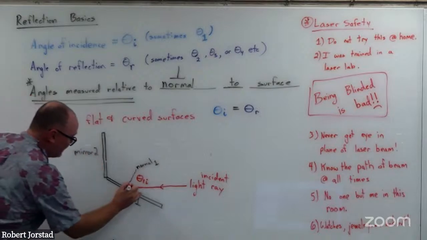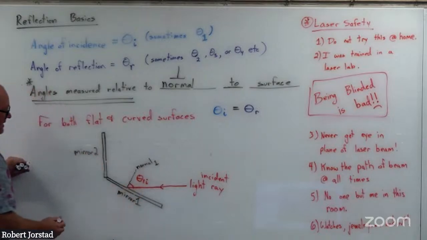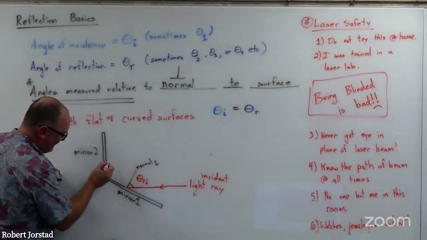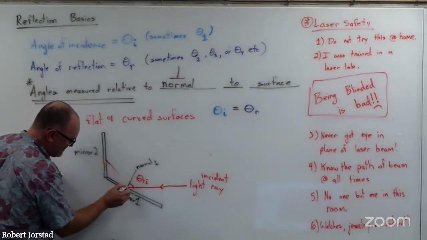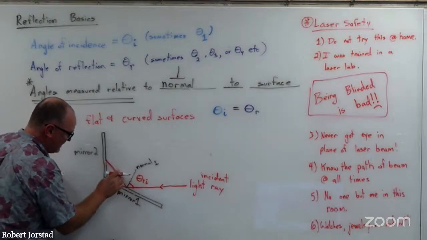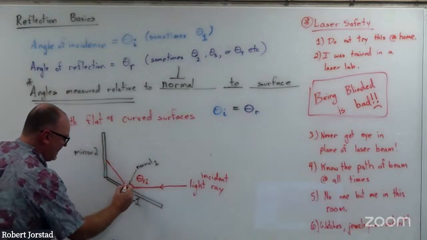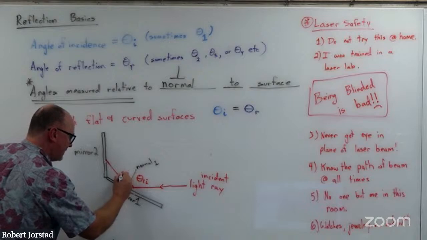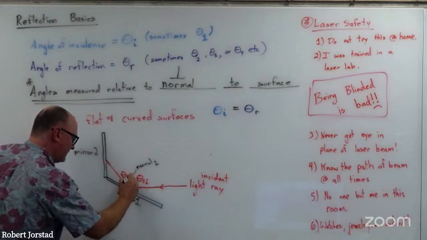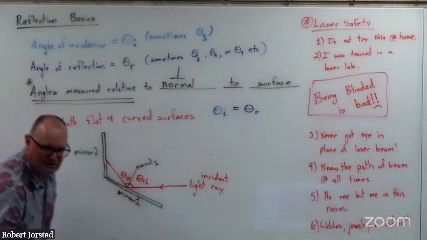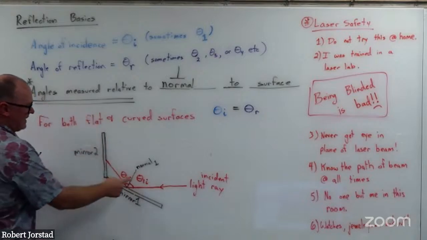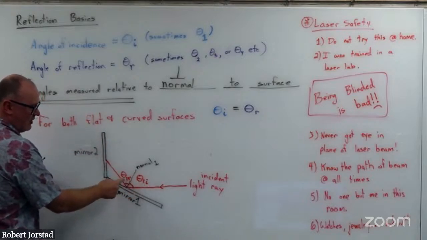Right? That's this angle right here. Now I'm going to try to draw this as best I can so that the angle of incidence is approximately equal to the angle of reflection for mirror number 1. So this is theta 1 incident, this is theta 1 reflected, and notice this angle is supposed to be equal to that angle.